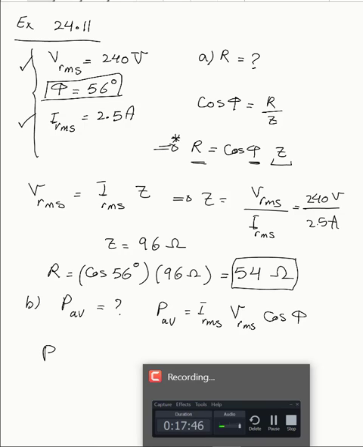Just plug in the numbers. P equals 2.5 amps times 240 volts times cosine 56 degrees. So this is going to give me the result 340, and what's the unit for power? Watts.